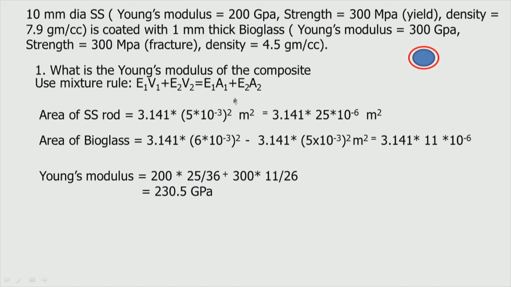And then the Young's modulus of this bioglass is 300, area is 11, divided by 36.